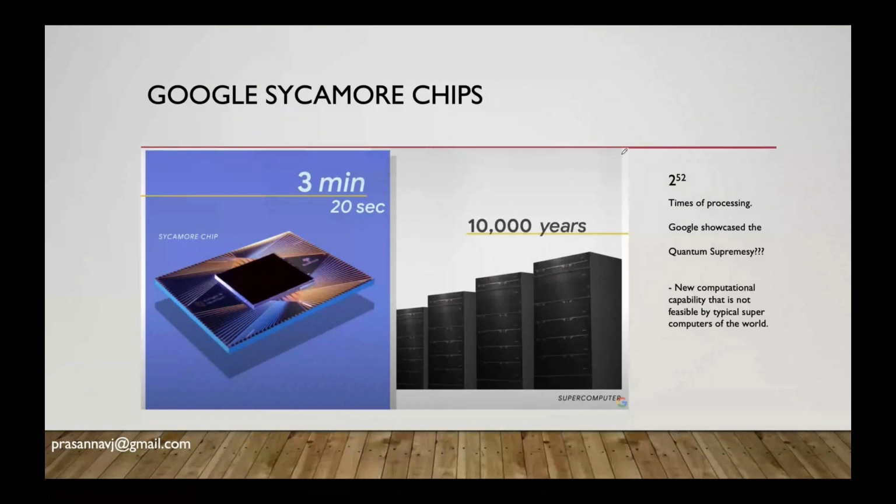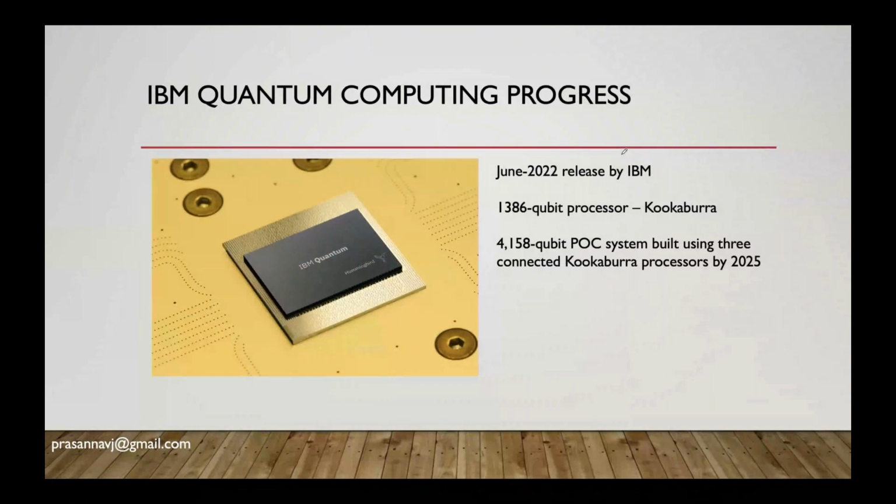That is the level. Now think of if we go to thousands or millions of qubits. That's where we are heading. Just last month, IBM announced that they have a quantum computing chip with 1386 qubits, and they are working on building a 4000 qubit processor that they want to release by 2025.